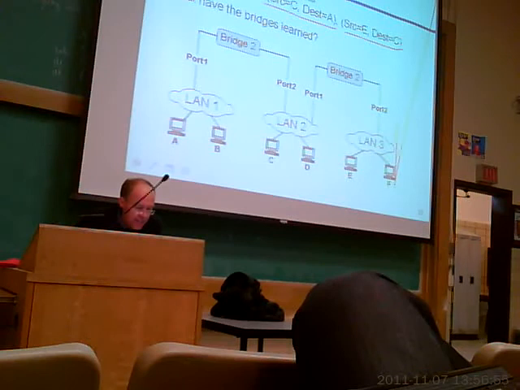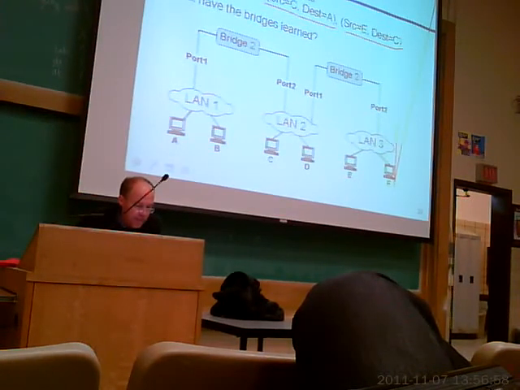When A sends something to F, the packet reaches port 1 of the bridge. The bridge then says, okay, I can reach A on port 1.